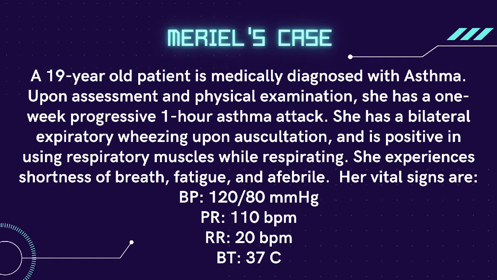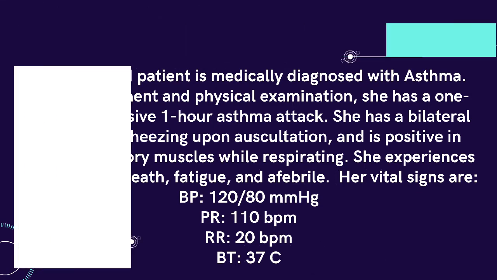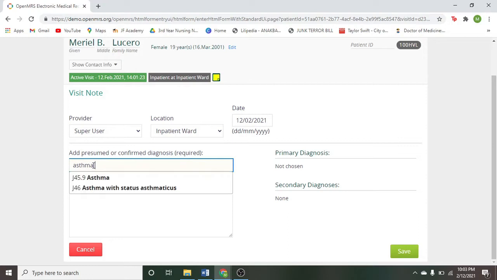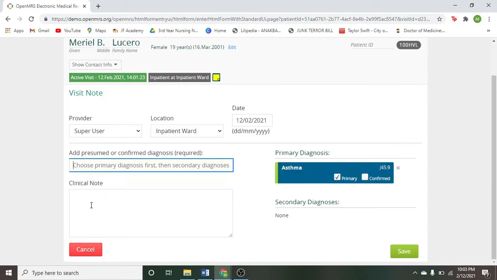With the case of Miss Mariel as shown on the screen, the data can be recorded on the visit notes. And here, input the medical diagnosis under the presumed or confirmed diagnosis, which is asthma.